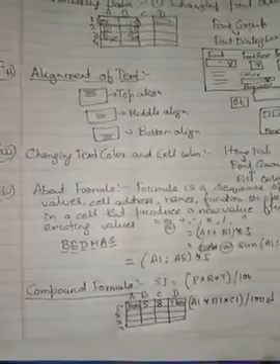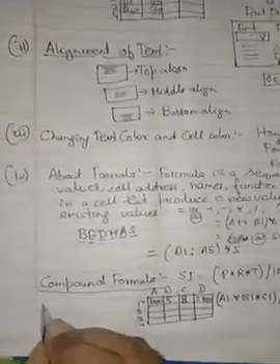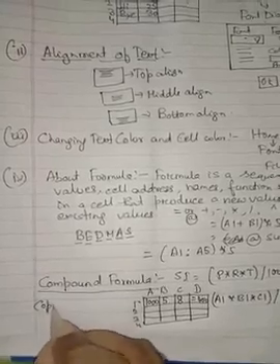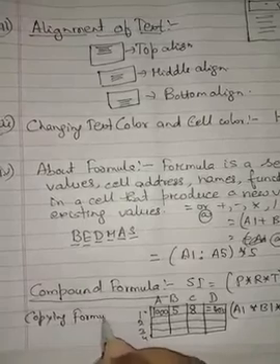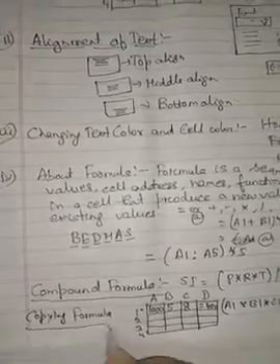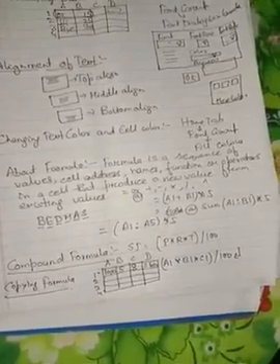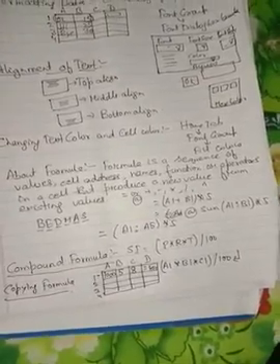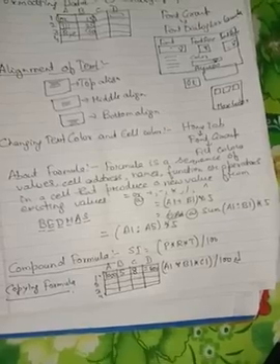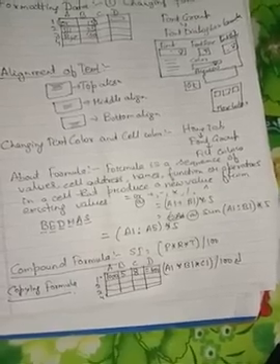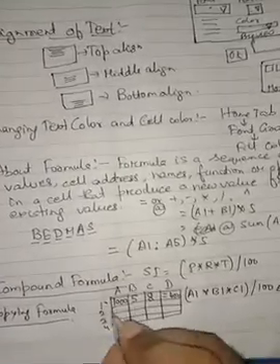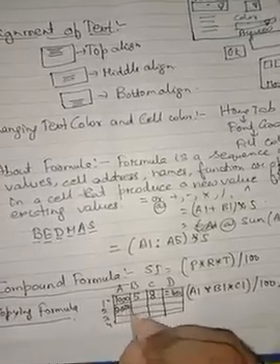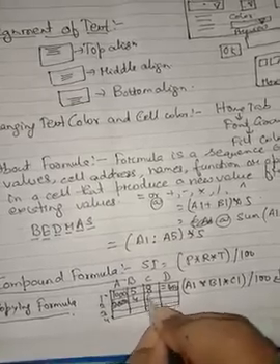The next topic that we are going to discuss is copying formula. How can we copy a formula? Many times we are required to copy the formula from one cell to another cell or to a range of cells. Remember, when the formula is copied, the reference in the new formula gets changed accordingly. Now suppose I have written over here 2000, 4 years and 6%.